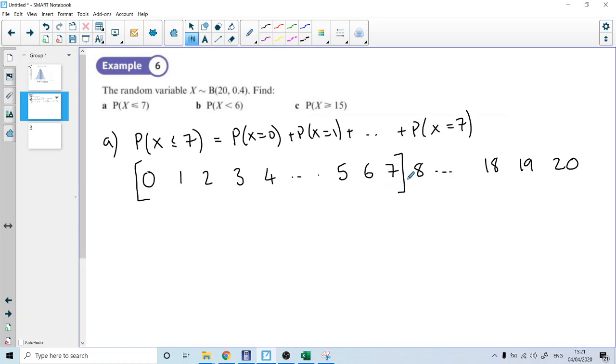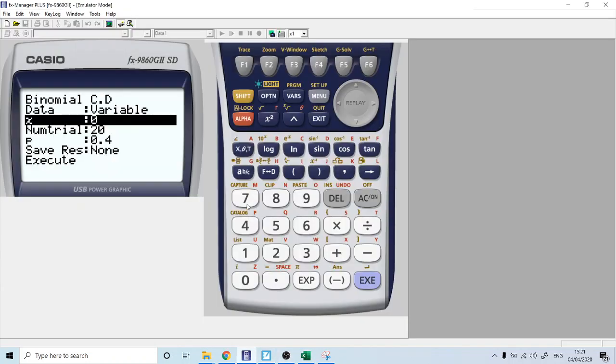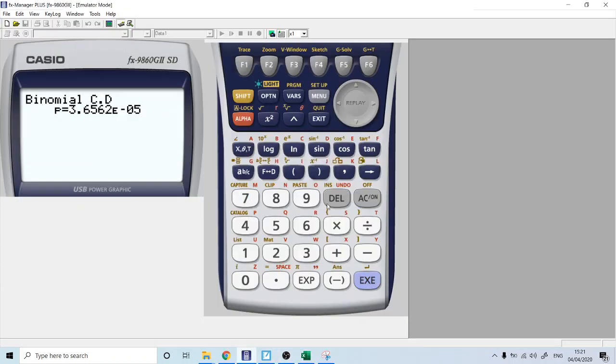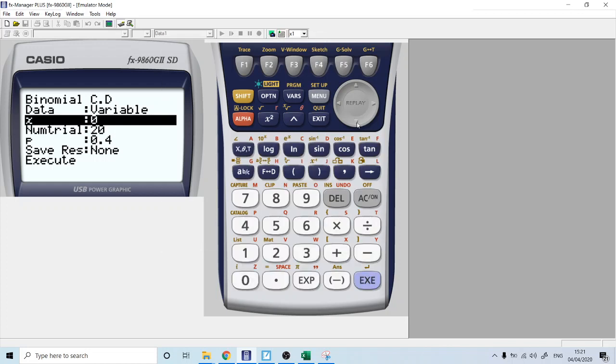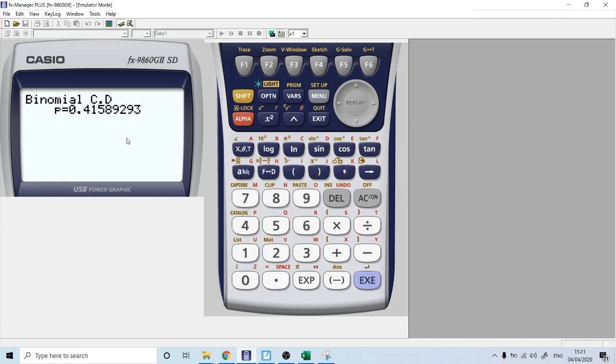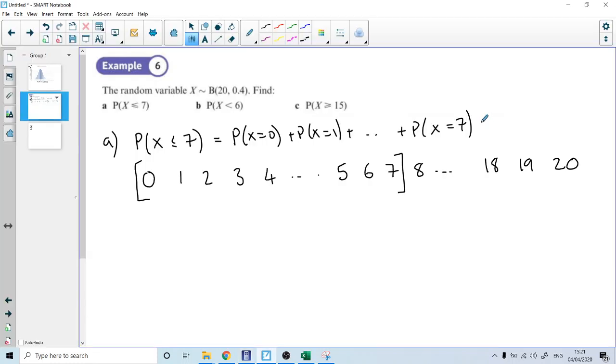So if I change that to 7, x is 7, number of trials is 20, probability of success is 0.4, then your calculator is going to add up all the probabilities from x equals 0 up to x equals 7. So that's our probability there. We get 0.416 to 3 sig fig.